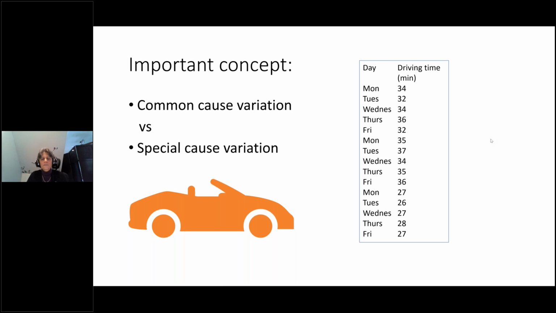So it's value agnostic, but the idea is that we want to not be distracted by the little variations that happen all the time and that are inevitable. And we want to be able to identify when there's an important variation to either fix it if it's something we don't want, or to see if we can implement it more permanently if it happens to be an improvement.